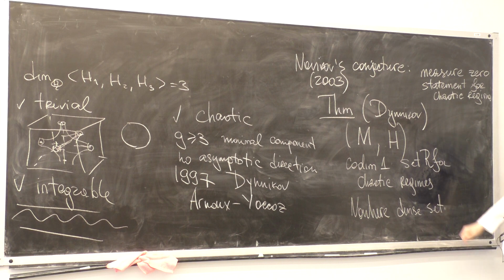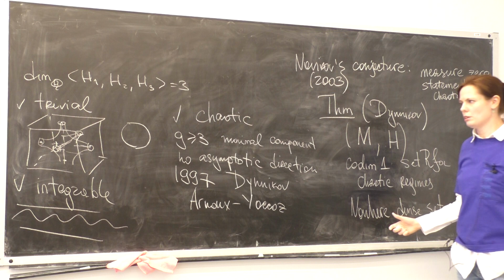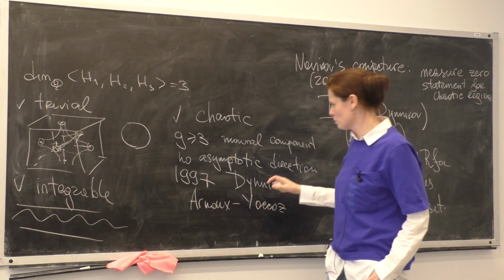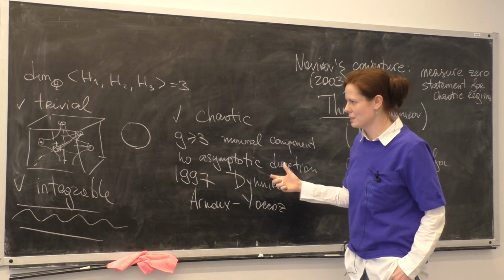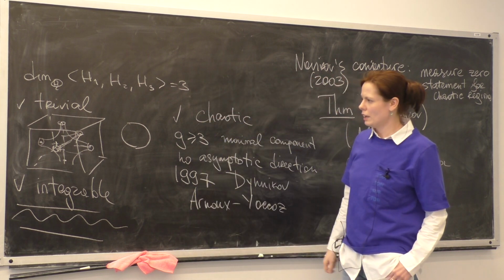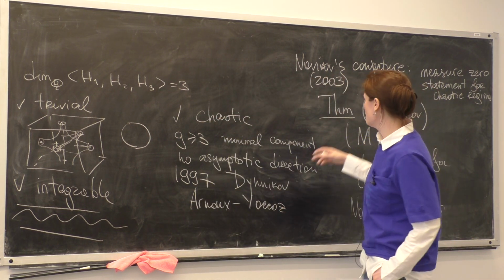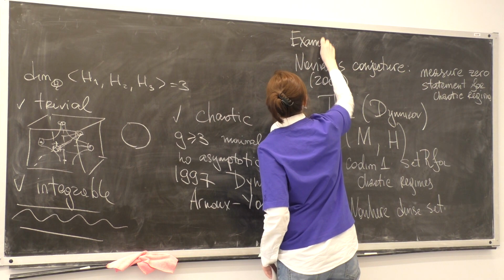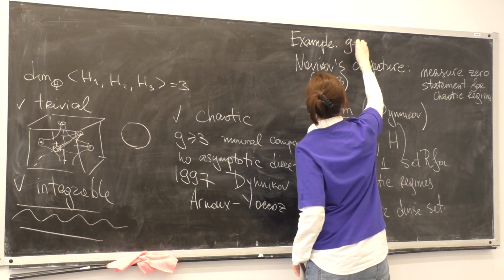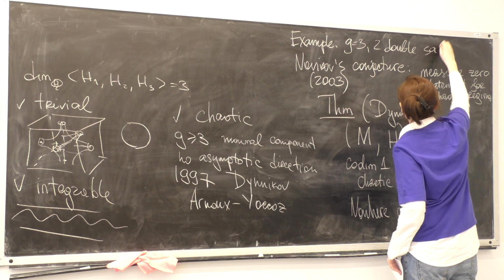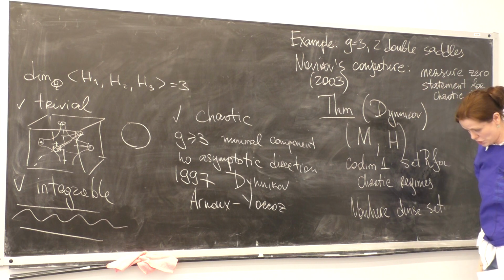What we are able to do, the conjecture is proved for a very particular situation when you consider a special surface, the surface of genus 3 with a lot of symmetries in it, quite similar to the example I provided here. From the topological point of view, the example in which it's proved corresponds to the case when G is equal to 3 and we have two double saddles as the singular points of our foliation.